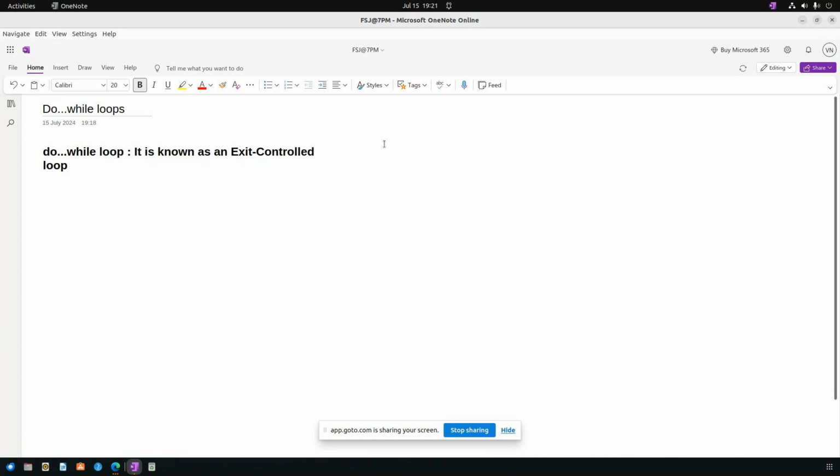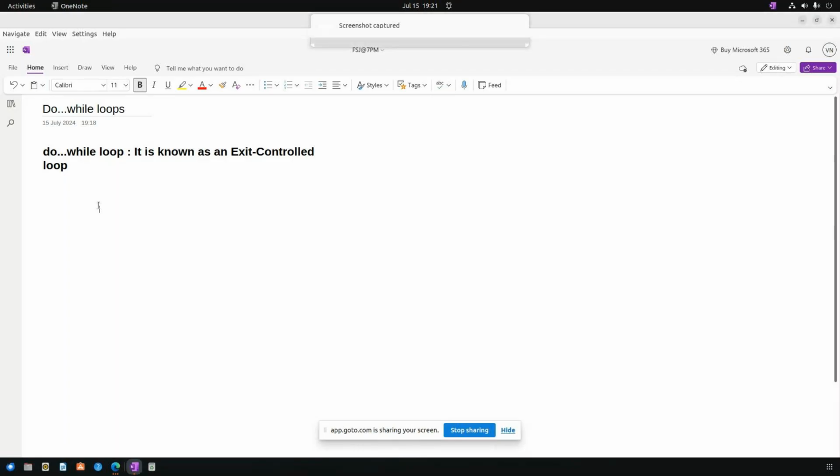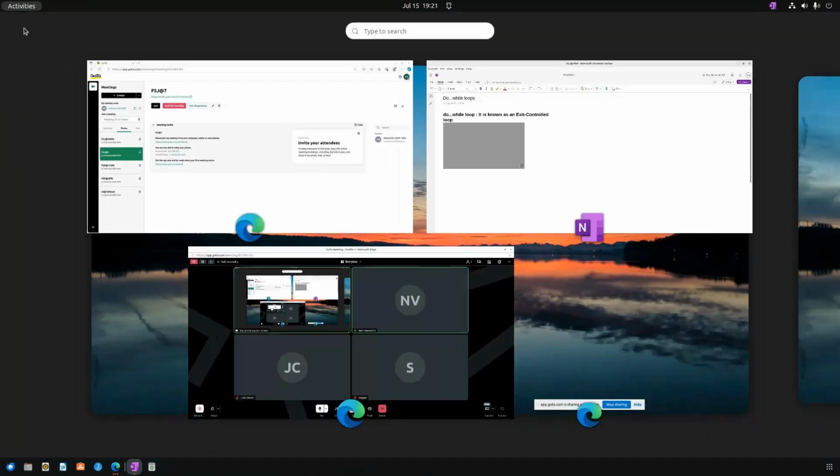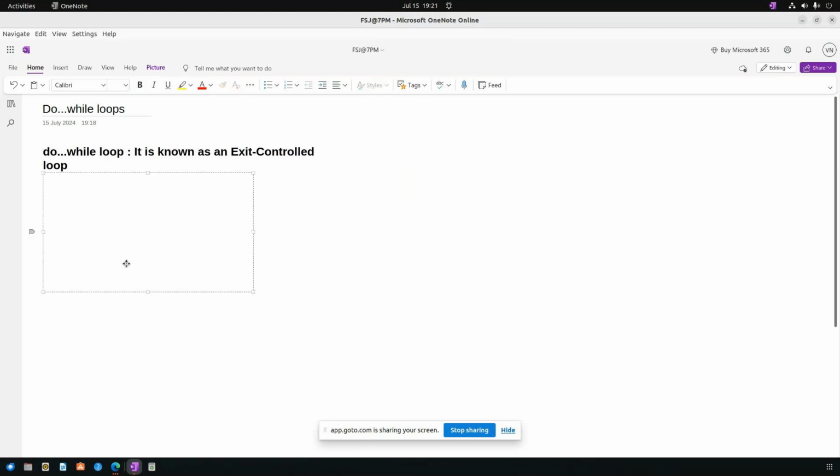Whenever I'm talking about an exit control loop, what was the while loop basically? The while loop was an entry control loop, and this is an exit control loop. Why is it known as an exit control loop?